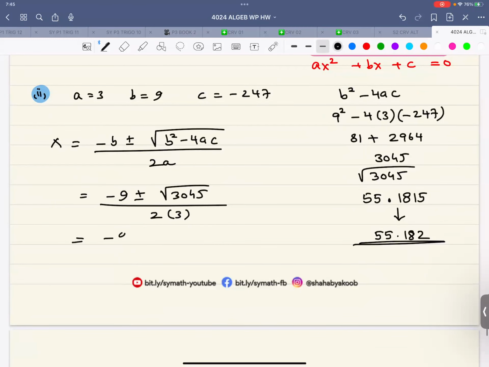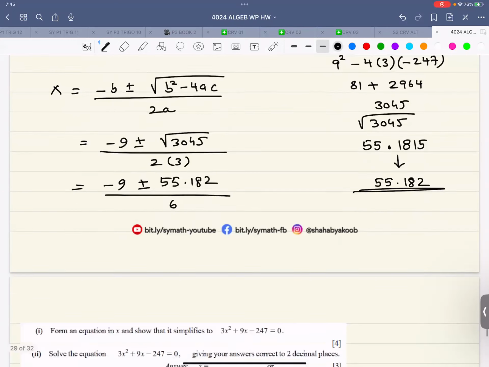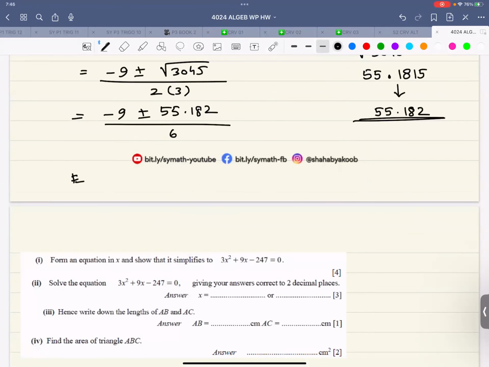This is minus 9 plus minus 55.182 divided by 6. Therefore, it's either or. So this is either, this is or. Negative 9 minus 55.182 divided by 6. This is negative 9 plus 55.182 divided by 6.